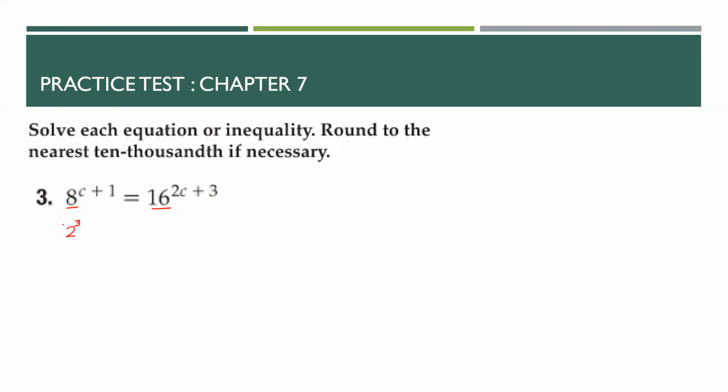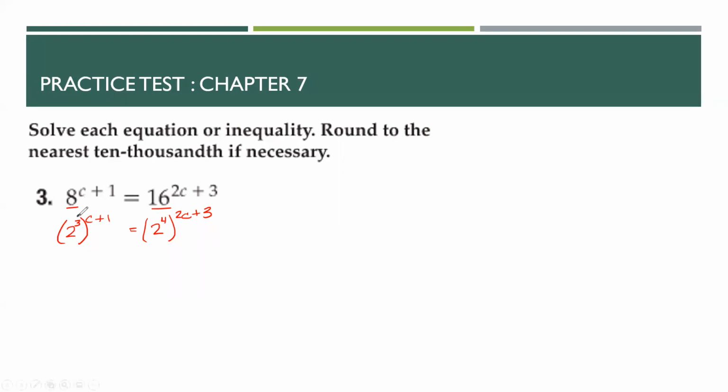So 2 to the third power is 8, and this is still raised to the power of c plus 1. And then 16, 2 times 2 times 2 times 2, so 2 to the 4th power is equal to 16. And then still raised to the power of 2c plus 3. Now we're raising a power to a power, so we're going to multiply these exponents, okay?